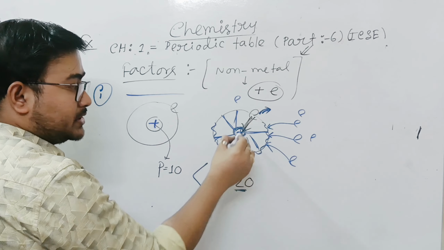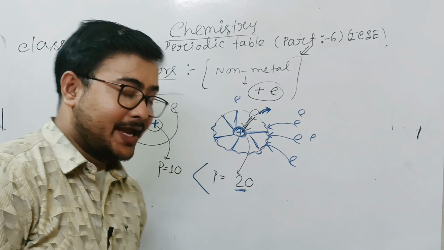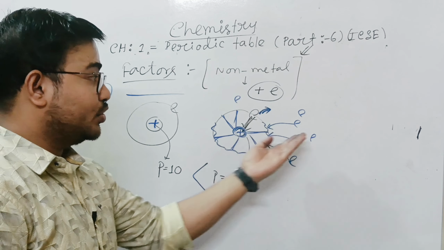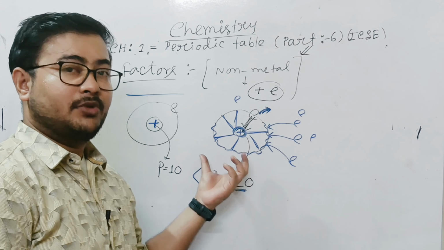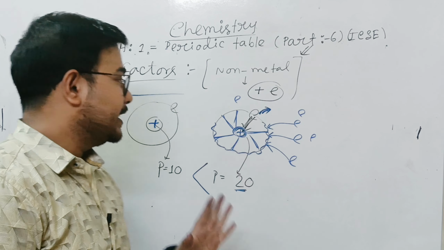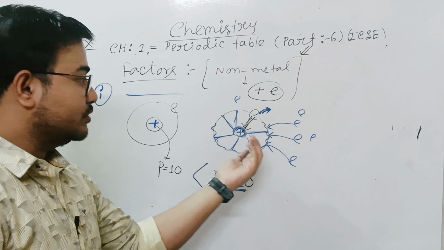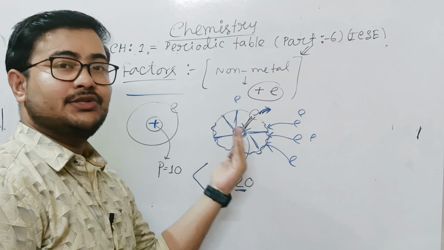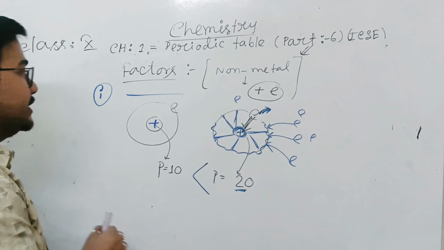Why? Because it has more nuclear charge and more attraction, but not all the electrons. Each and every element has a particular number of electrons it can accept to fill up its octet. But since it has more charge and more attraction, it has a tendency to accept electrons, and acceptance means non-metal.